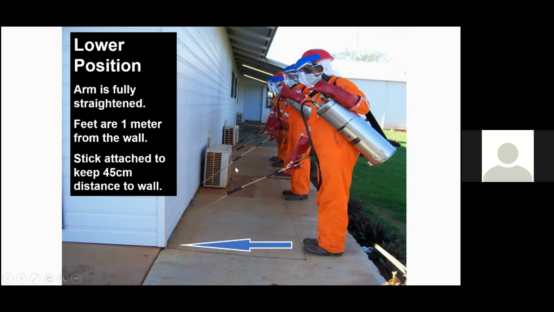It is 45 centimeter from the wall. So when they practice the actual spraying operations, they are able to maintain a distance of 45 centimeter from the wall. A stick of 45 centimeter from nozzle tip to just touch the wall is attached with the lance, so that they can practice accurately how the spraying is actually being done.